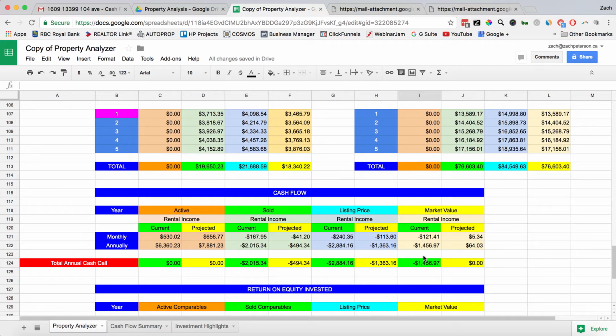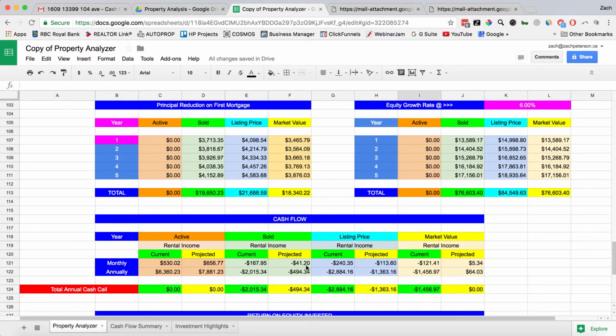When you're considering whether or not you're okay with a property with negative cash flow, look at how much negative cash flow you're going to have every year. So say if we rented this out, we bought it at the market value, we charged the current rents of about $950, and every year it was going to negative cash flow about $1,500 a year.